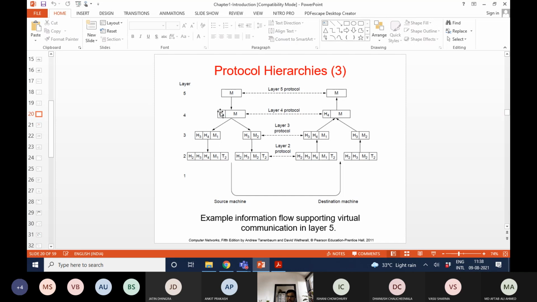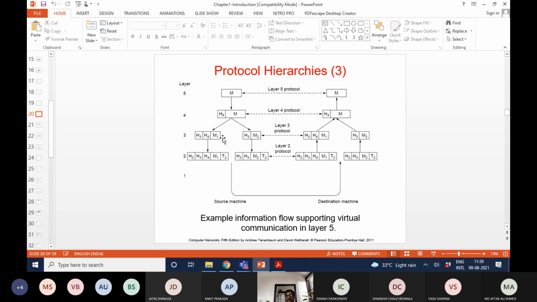Whenever it comes from layer 4 to layer 3, we do not differentiate between the actual message and the header; the whole thing is one message. So we divide it so that we get a header and the M1 part on one side, and the rest is called the M2 part on the other side.